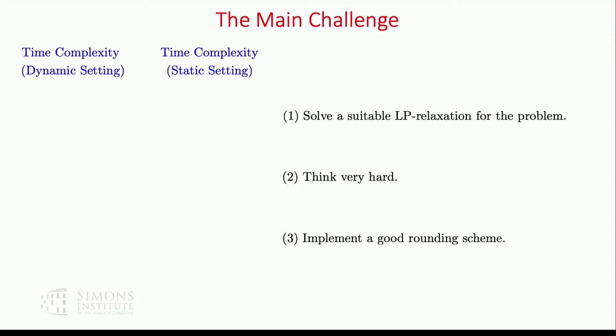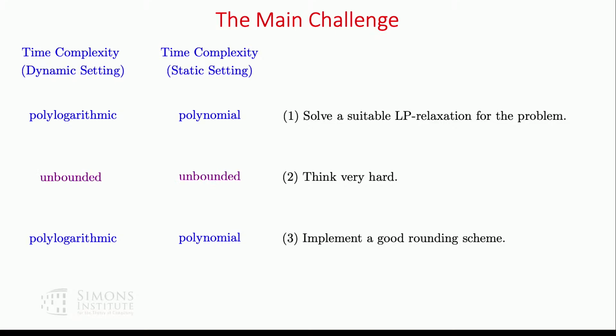In the standard approximation algorithms literature, for step 1, solving a suitable LP relaxation, and step 3, implementing a good rounding scheme, we are just happy with polynomial running times. However, for most dynamic problems, we would ideally like polylogarithmic time for both these 2 steps. This is a new challenge that we need to deal with. In both settings, for step 2, you have as much time as you want.